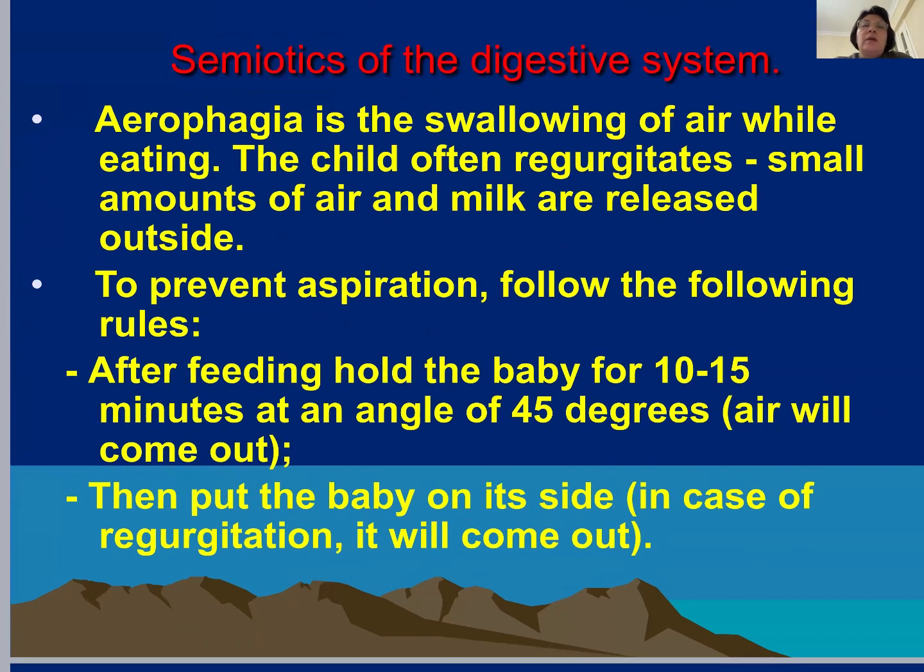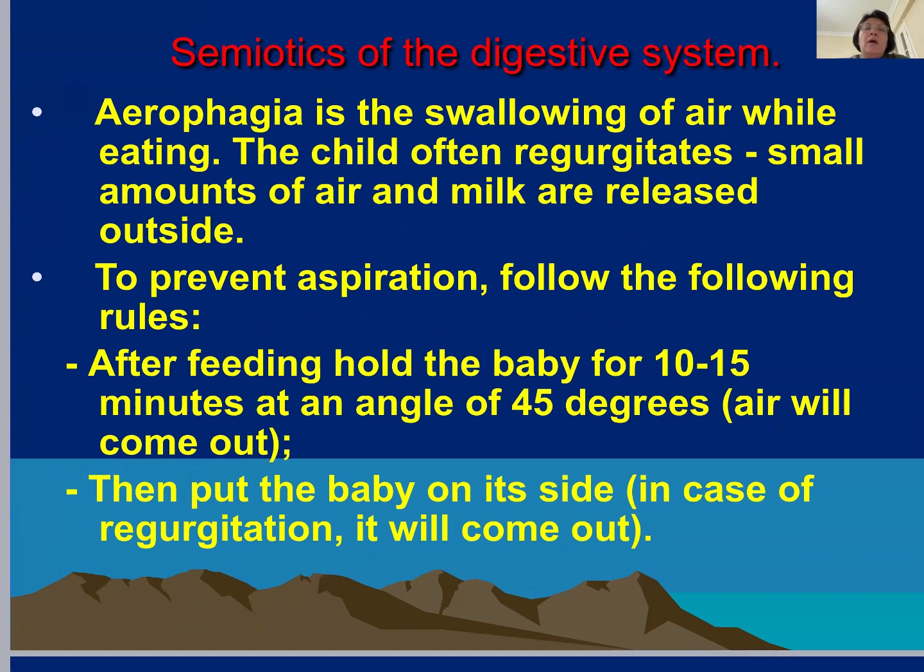Semiotics of the digestive system's diseases. Aerophagia is the swallowing of air while eating. The child often regurgitates. Small amounts of air and milk are released outside. You already know about the causes of regurgitation.